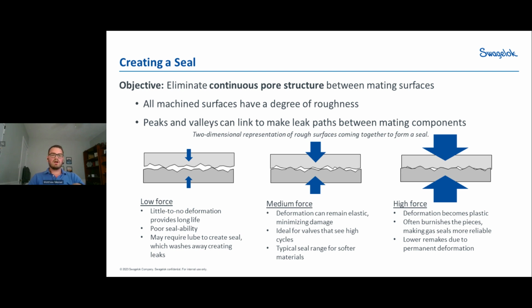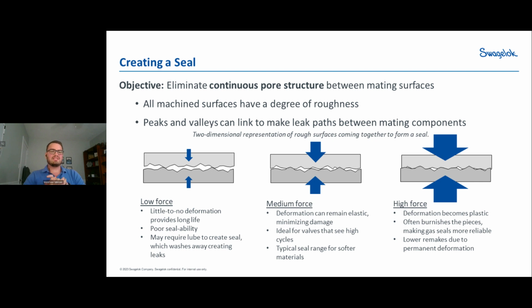So on the screen, we have 3 different images, just to show a representation of 2 machined surfaces that have that roughness, those peaks and valleys. We want to showcase the different force levels that we have. If you have a lower force, you're going to get very little deformation, if any at all.